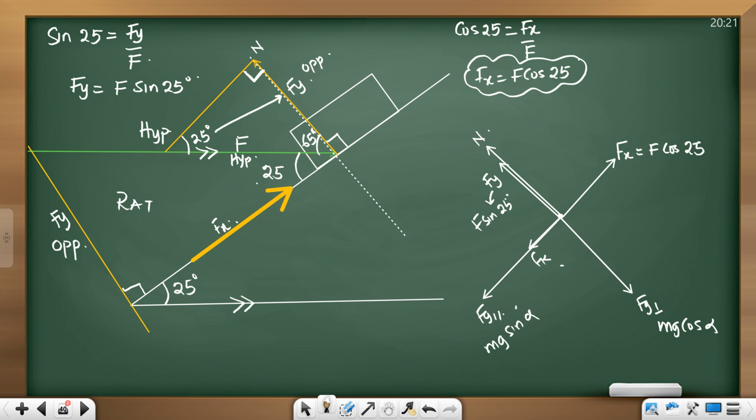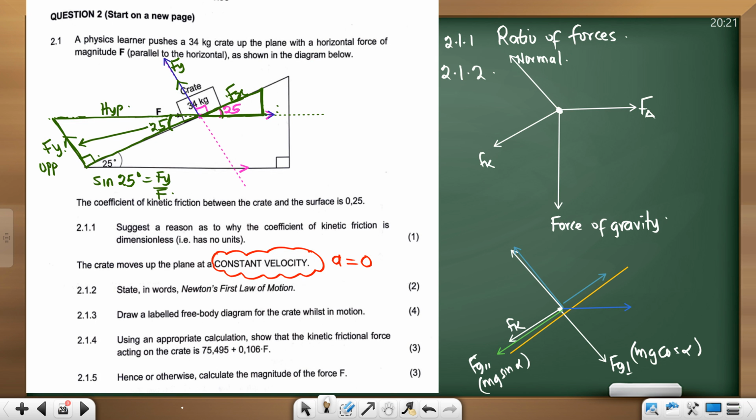We all good? I think from here we can deal with the question. But this is so beautiful. I just love this examiner. I don't know the examiner, just love the examiner already.